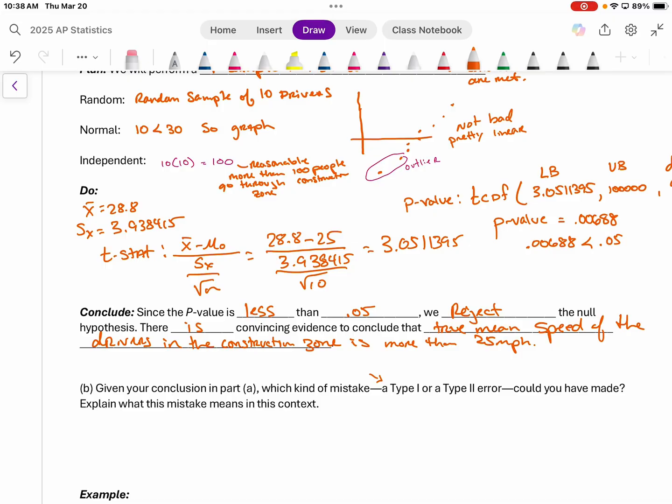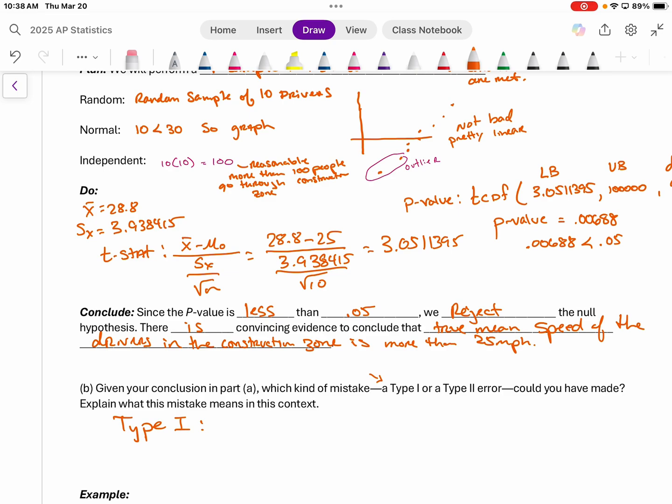It's actually a type 1. Fail to reject is 2. Reject is a 1. Okay? It's been a while since we did it, so that's why I was saying make sure you go back and rewatch that little video and those things. So a type 1, again, since we rejected, a type 1 is associated with rejecting the null.